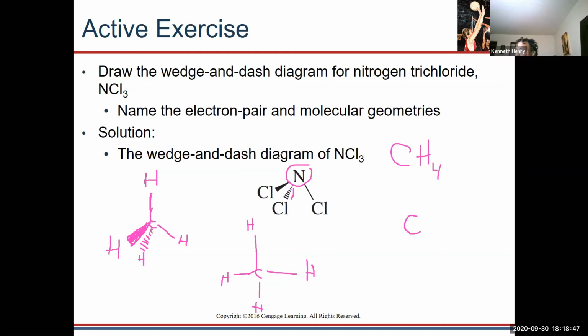So what is for the N here, this NCl? The Lewis dot structure would have these two electrons on top of here, right? So what shape would this be? What would be the molecular geometry?